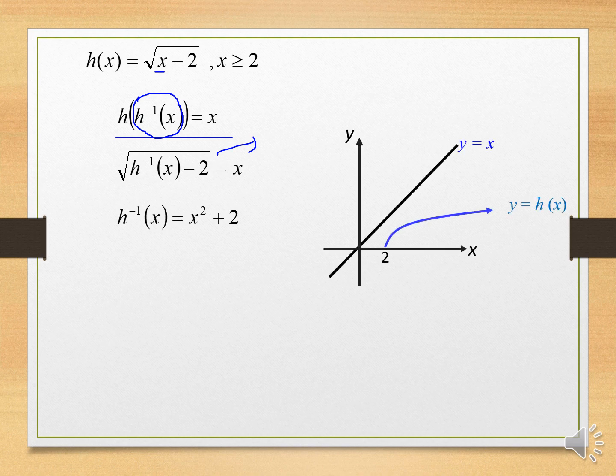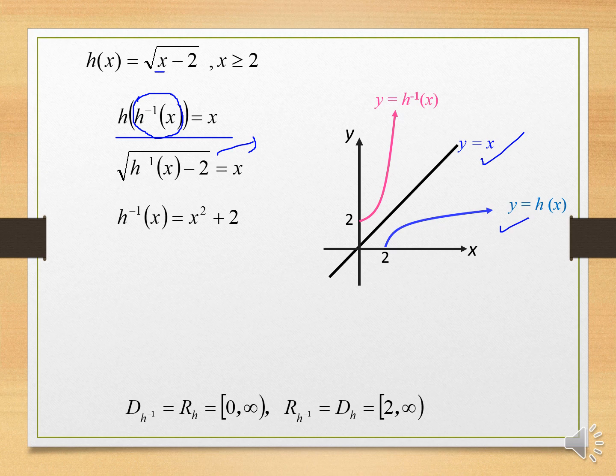The graph of h(x) is this. By reflecting the graph in the line y equals x, we get the graph of h inverse x, which is this graph. The domain of h inverse equals the range of h.